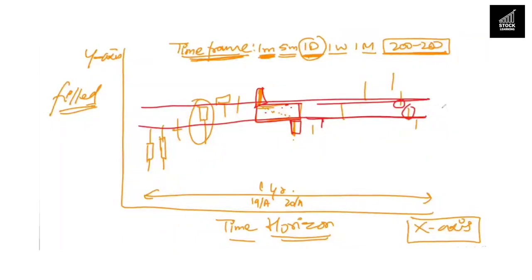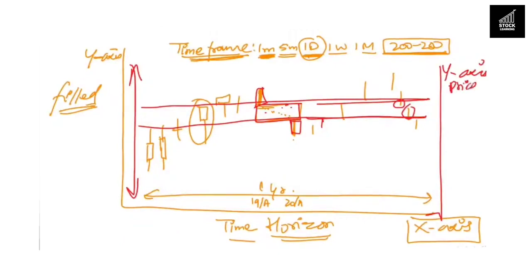The y-axis, the vertical axis, not the horizontal, is actually the price. Yes, sir, it is the price. But wait. The y-axis is not on the left side, it is on the right side. So the y-axis is actually the price of that stock.